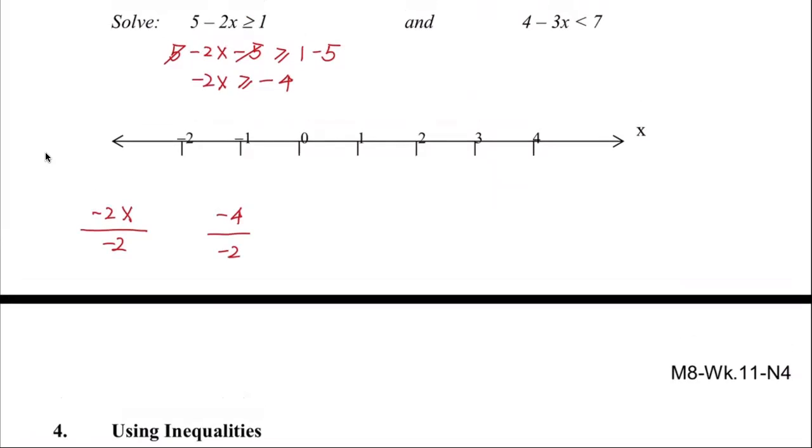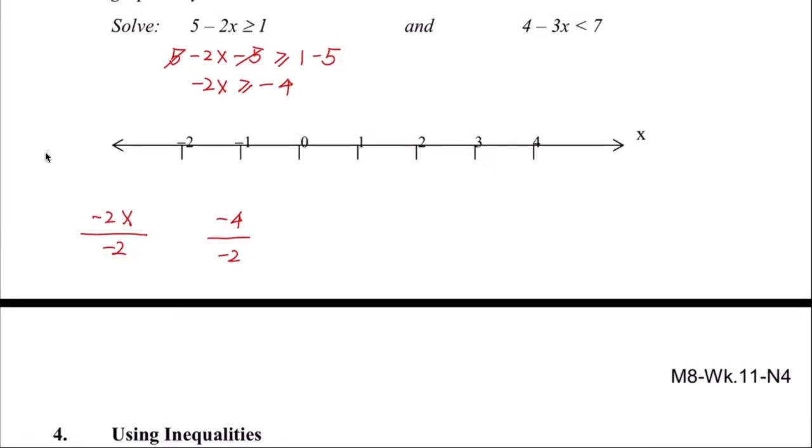Here, see, we divided a negative number, negative 2, on both sides of the inequality, right? We divided a negative number here, a negative number here. This is when we need to change the sign, okay? This is when we need to flip the sign. Originally, the sign is greater than or equal to. Now we need to flip it to make it smaller than or equal to.